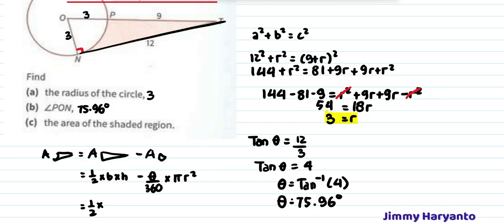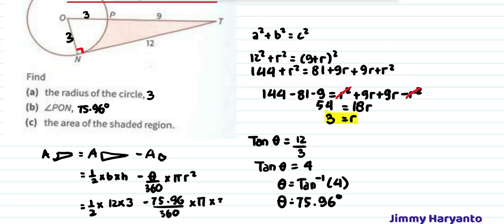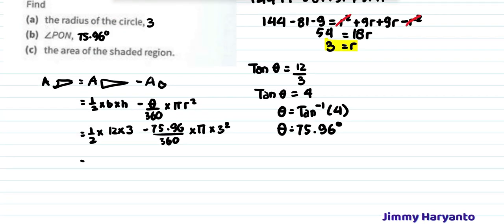The base is 12, the height is 3, and then minus the theta is 75.96 over 360 times pi times the radius is 3. Okay, you only have to calculate this. The answer is 12.03. In 3 significant figures, it will be 12.0.